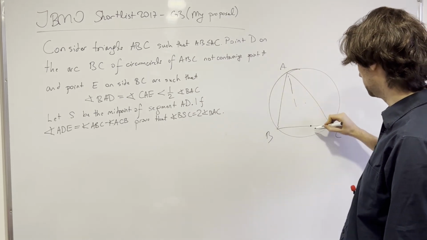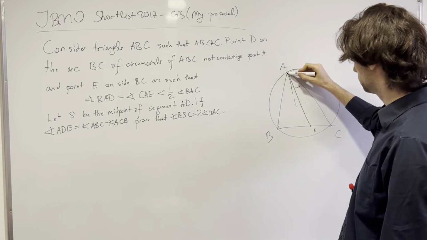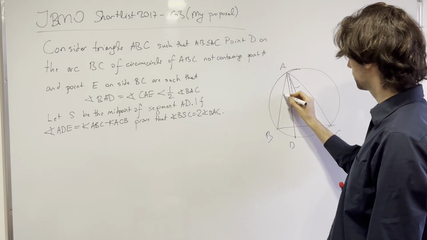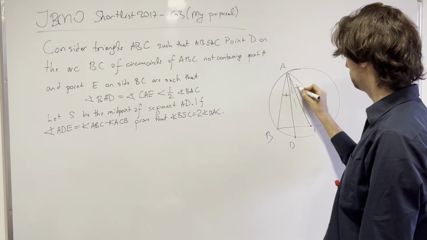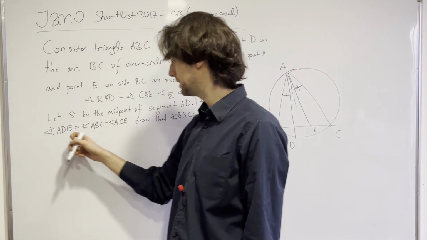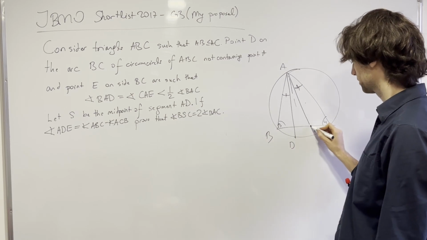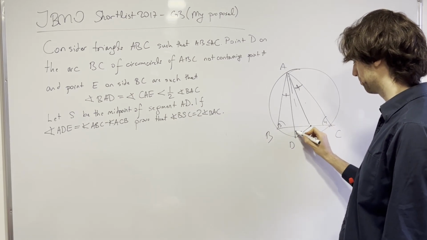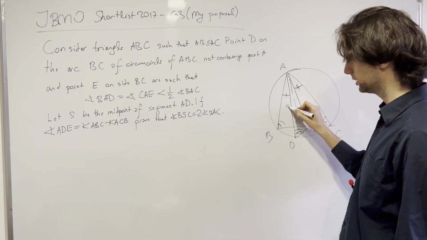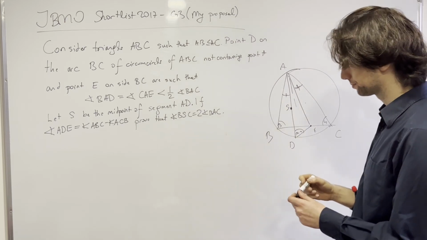So let's put E here such that this angle is equal to this angle, D. These two angles are the same. And the angle ADE, so this is beta, this is gamma, this is beta minus gamma. And if we take the midpoint of this, call this S, then this angle is twice the size of BAC.